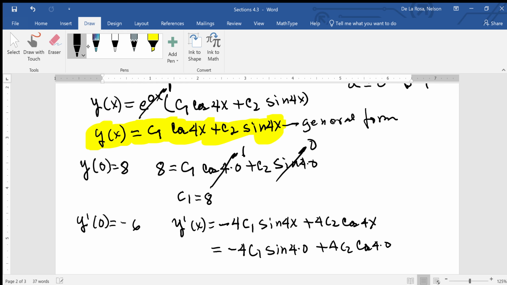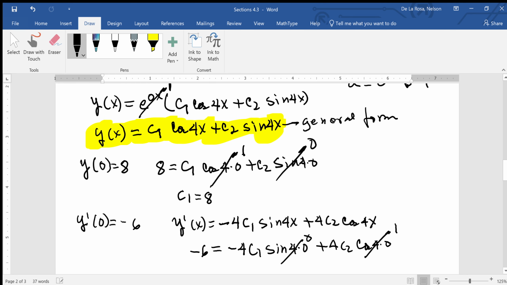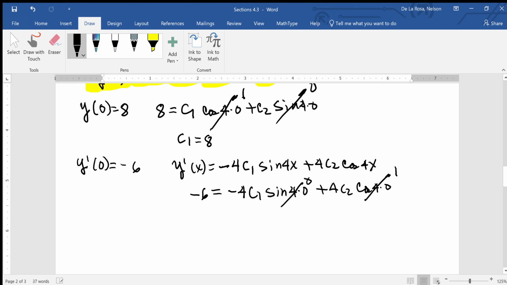My apologies, negative 6. Okay. So sine of 4 times 0 goes to 0, and cosine of 0 is 1. So we have negative 6 equals 4 c2. Isolating c2, c2 is negative 6 divided by 4, which is equivalent to negative 3/2.